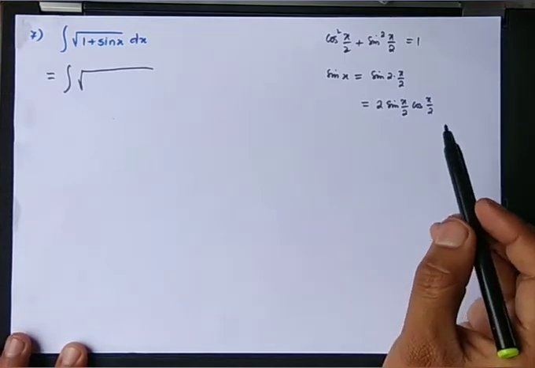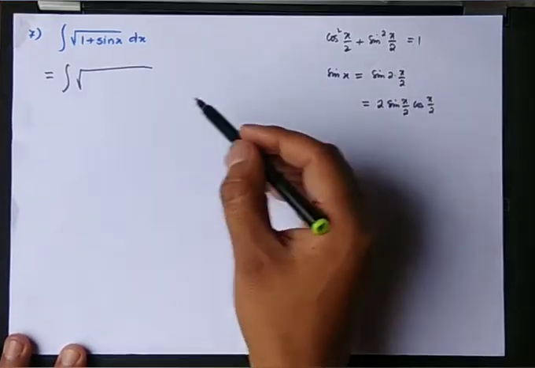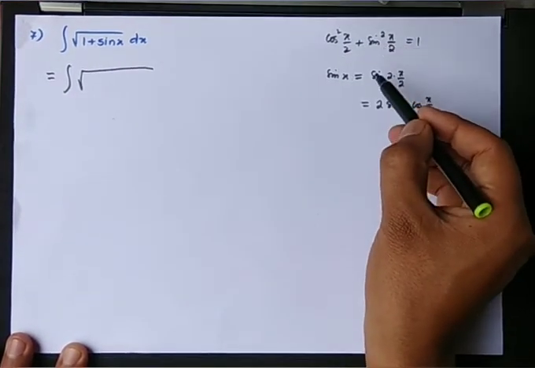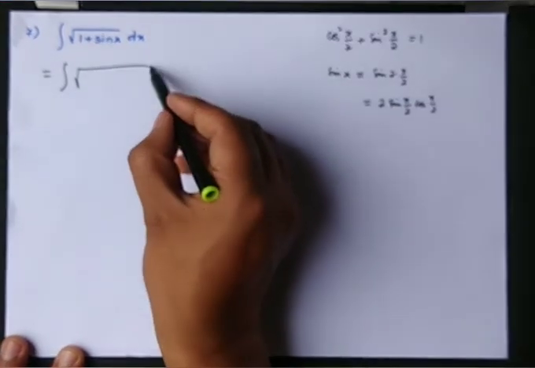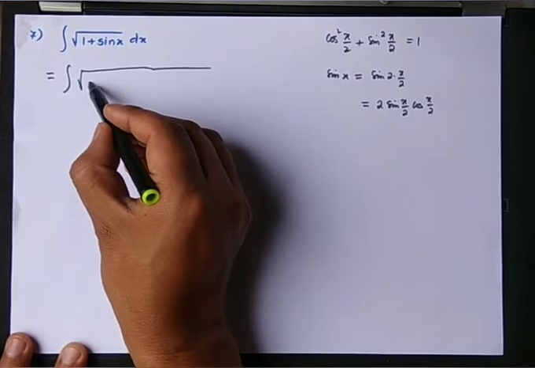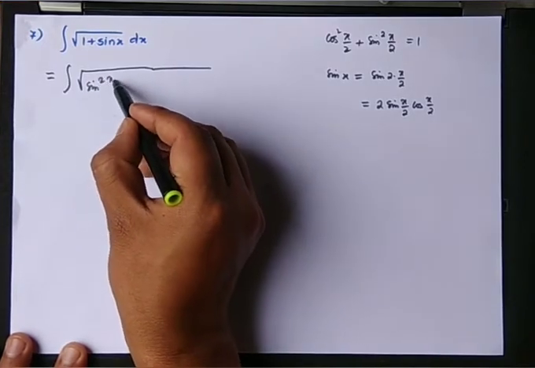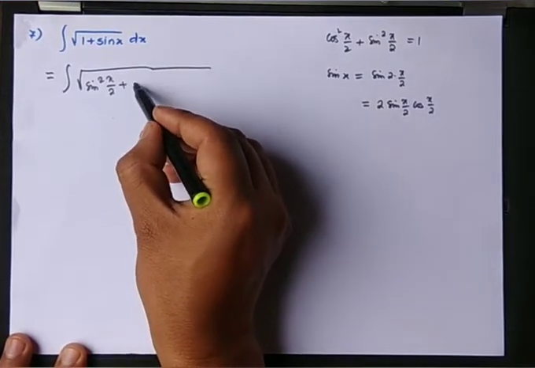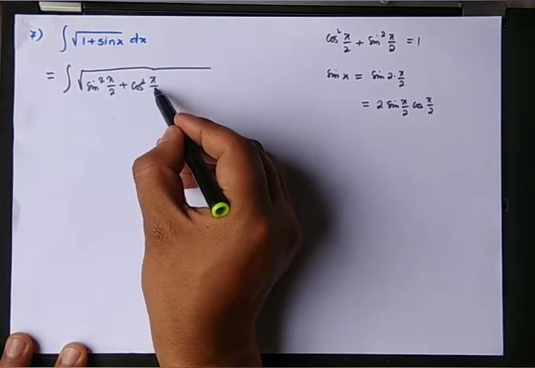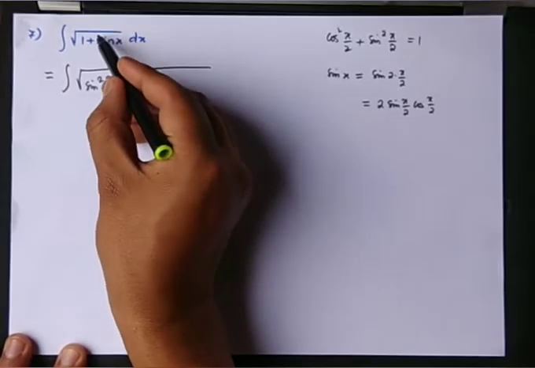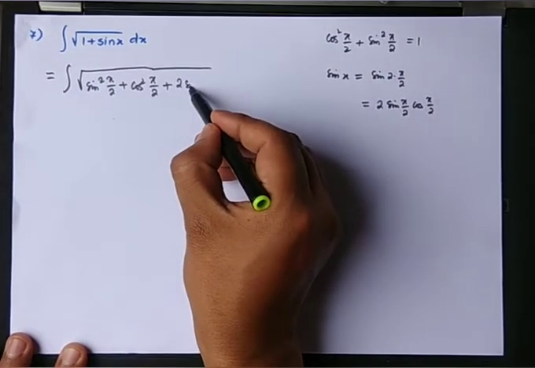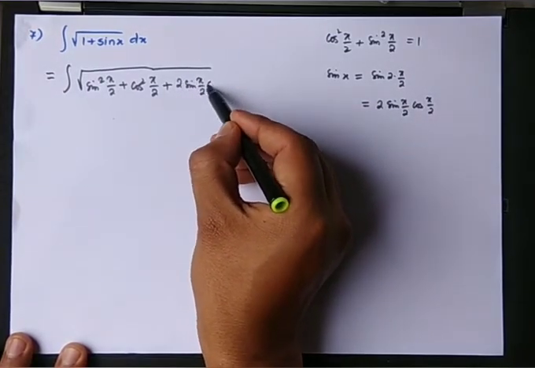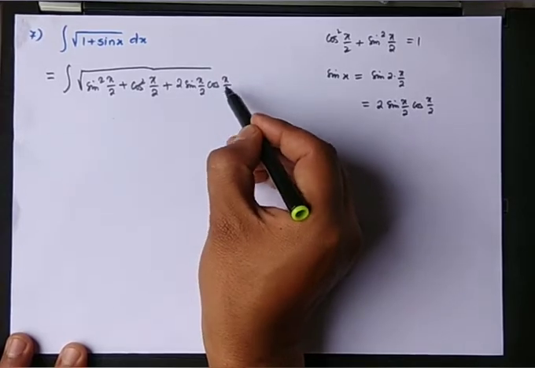So instead of 1 I'll write this, and instead of sine x I'll write this. Let's see what we get. Instead of this I'm writing sine square x by 2 plus cos square x by 2 plus, instead of sine x, 2 sine x by 2 cos x by 2.